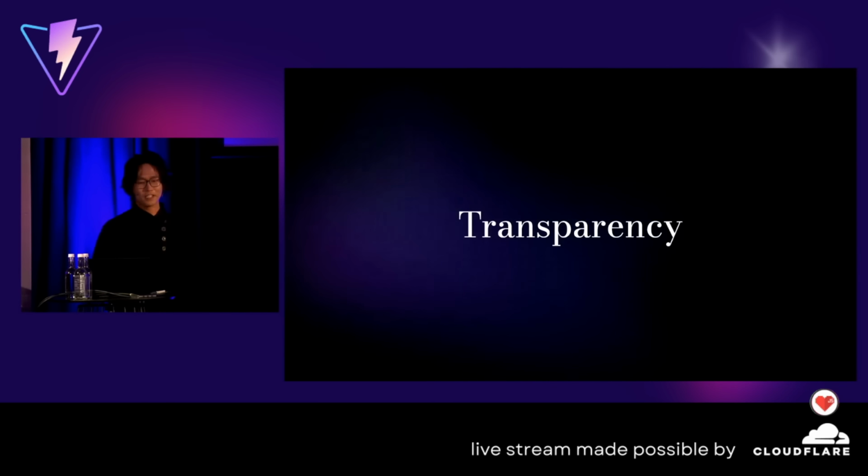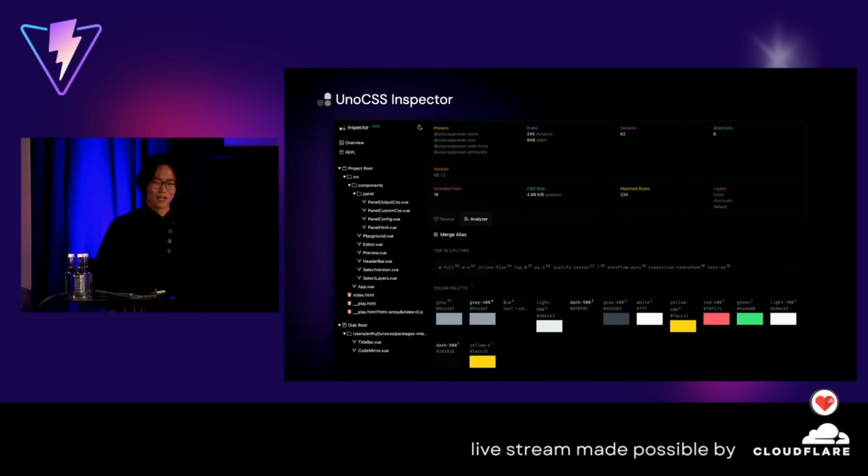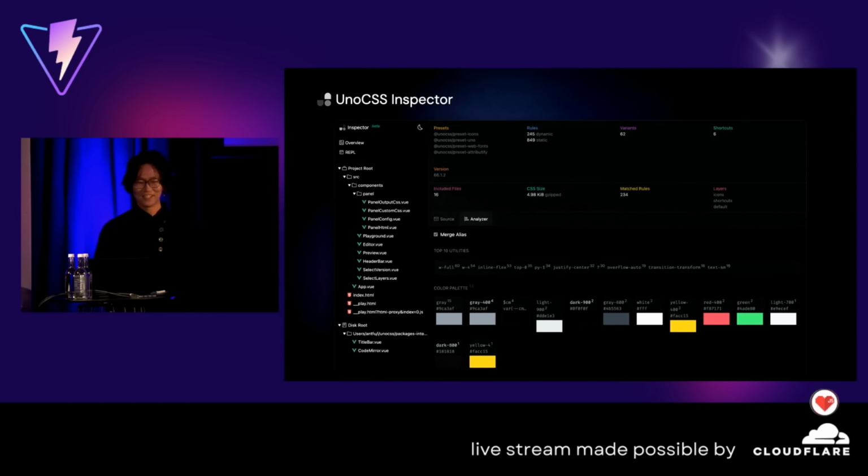So let me give some examples of what I mean by transparency. My personal journey of building DevTools started with UnoCSS. Since UnoCSS is a generator for CSS utilities on demand based on the code base, when I was working on it, one thing I found tricky was knowing why one utility was included and why the other wasn't.